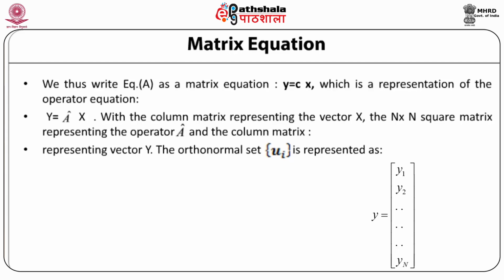The column matrix u1 is equal to 1, 0, 0, 0 and so on till the nth row 0. u2 is represented as 0, 1, 0, 0 and so on till the nth row 0. u3 is represented as the column matrix 0, 0, 1, 0, 0 and so on till the nth row 0, and so on, till the un column matrix is represented as 0, 0, 0 and so on till the nth row, whose element is 1.